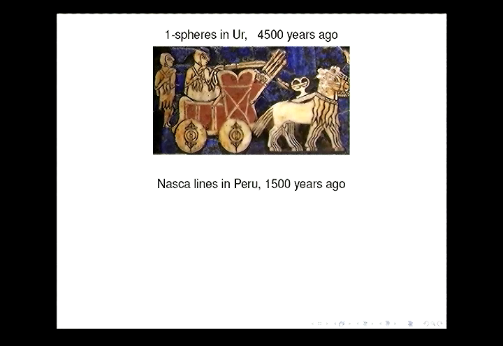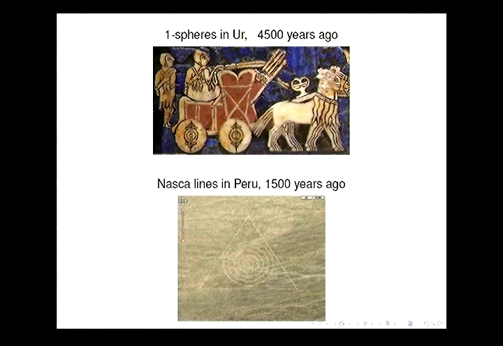The biggest example of a circle I could find was these lines in the Peruvian desert, which are as big as several football fields. So anyway, circles have been known for a long time.